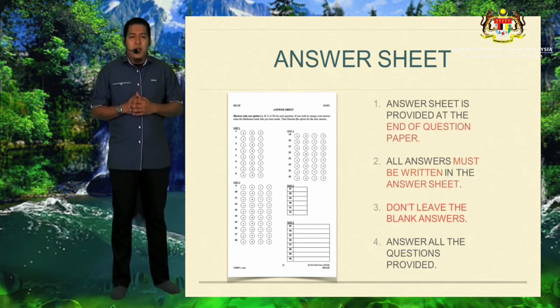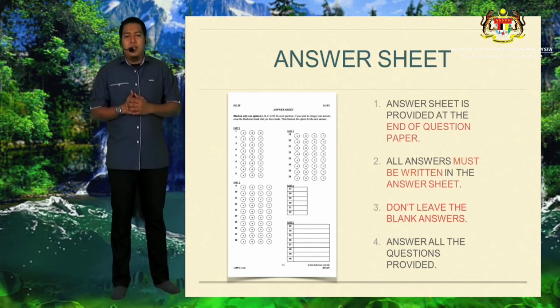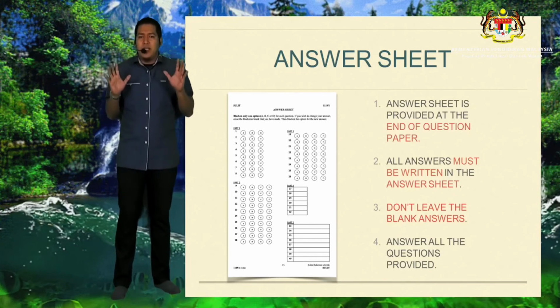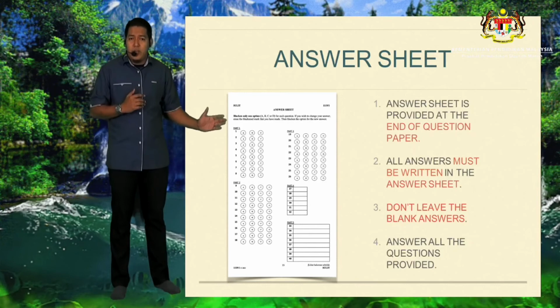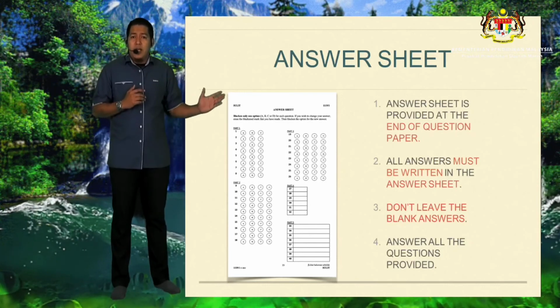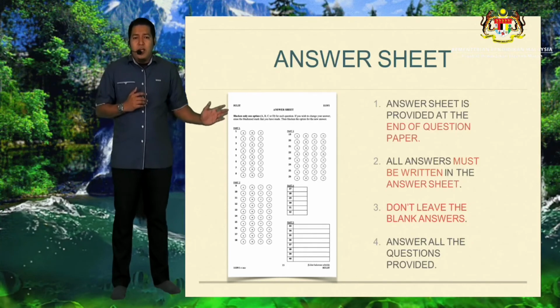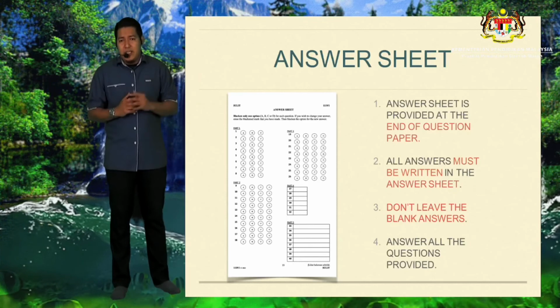Okay? The second tip is all answers must be written in the answer sheet. All those 40 answers must be written here. Don't forget to write here because the marks will be taken from here. The third tip is don't leave blank answers.